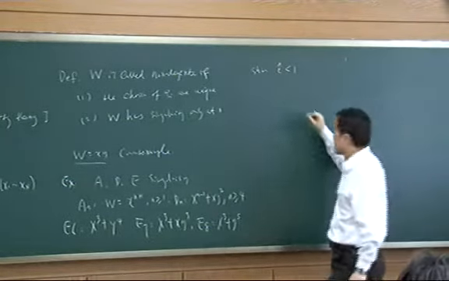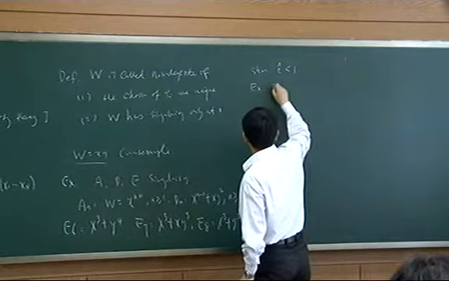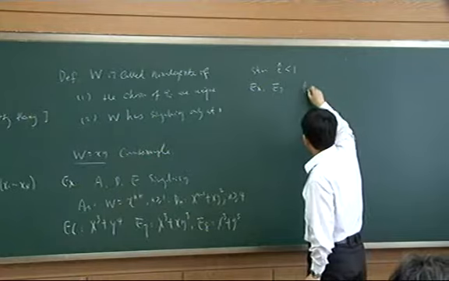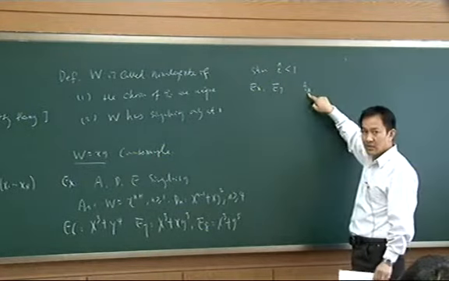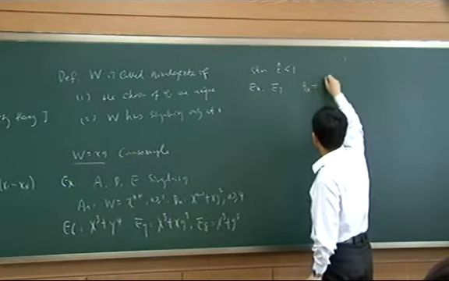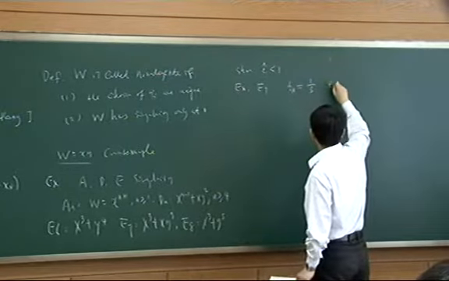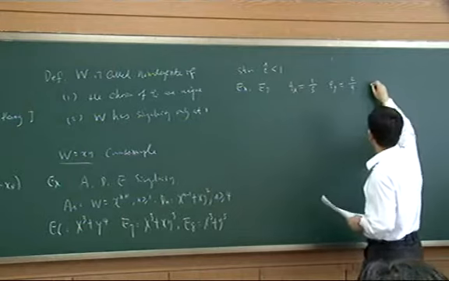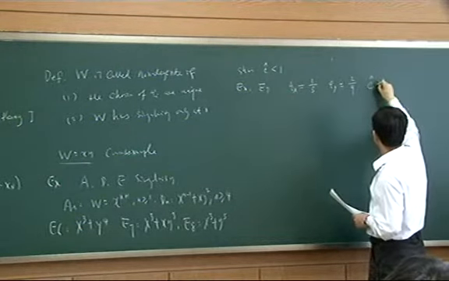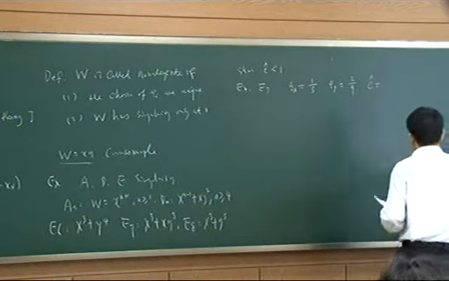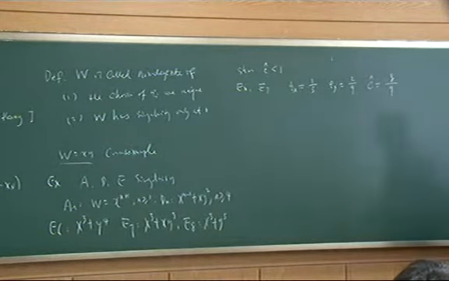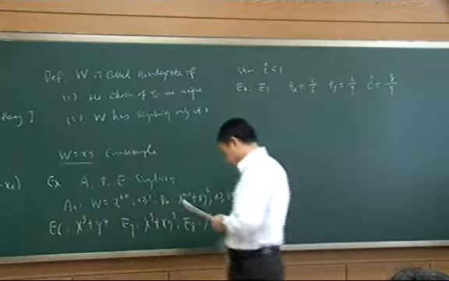For example, in the E7 case, the weight of x is 1 over 3, and the weight of y is 2 over 9, and then you can compute it as 8 over 9. So this is a simple example.